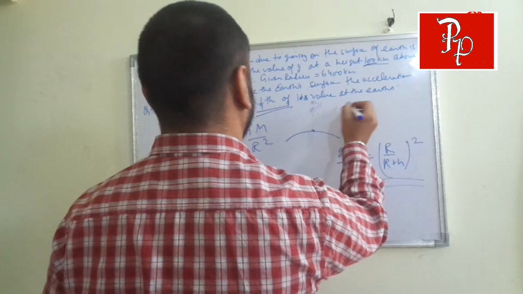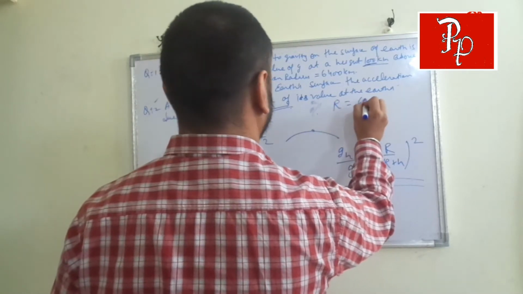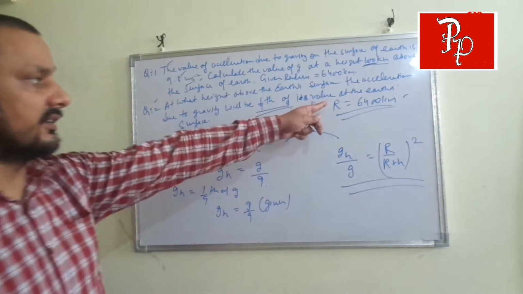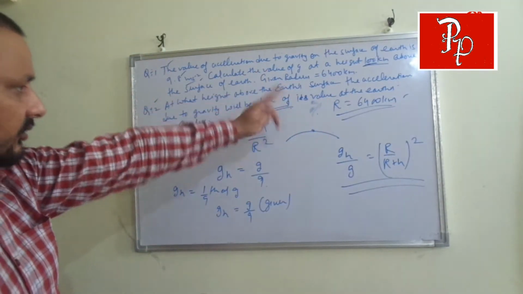R is also given to you, it is 6400 kilometers, the same radius of Earth.